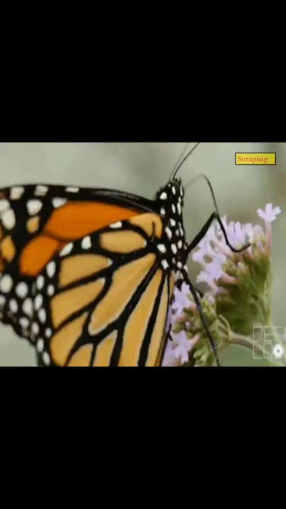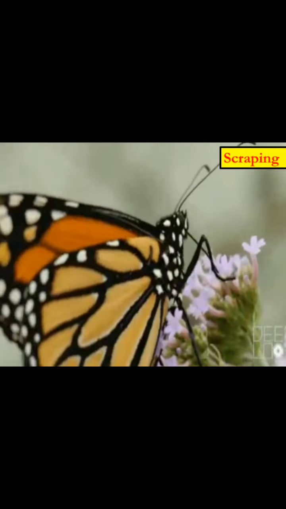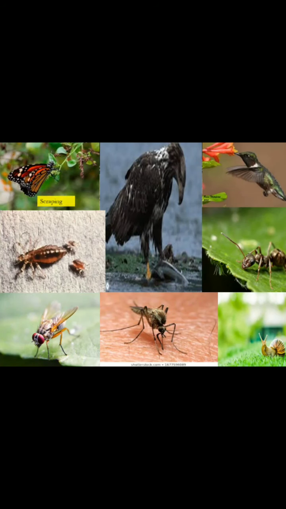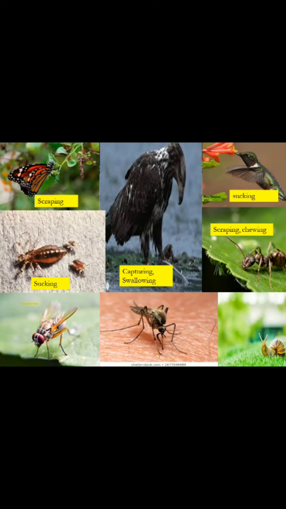Animals like hummingbird, lice, and mosquito take their food by sucking, whereas butterfly does sucking and housefly does sponging. So what we have seen is that there are different modes of feeding in different types of living organisms.